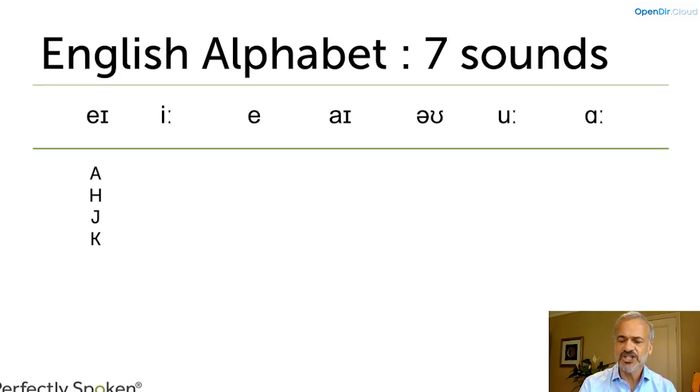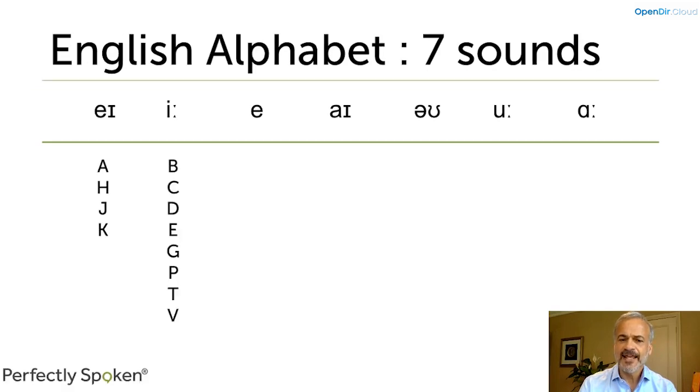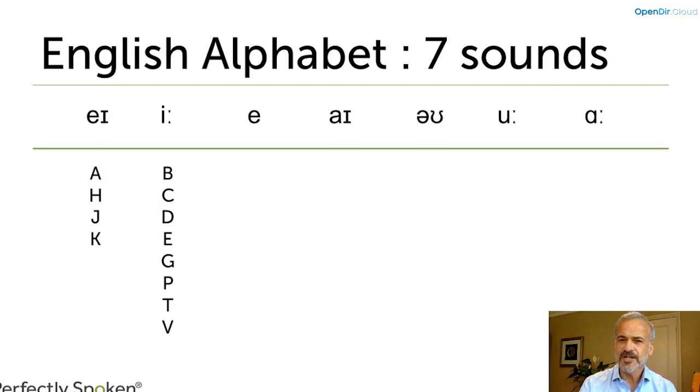A, H, J, K. In the second group, E, B, C, D, E, G, P, T, V. Again, B, C, D, E, G, P, T, V. Very good.